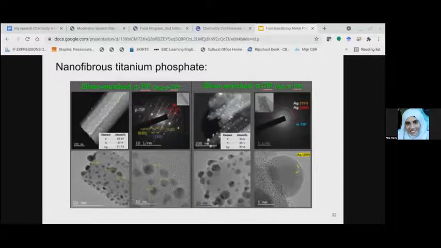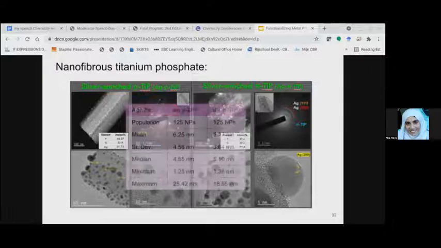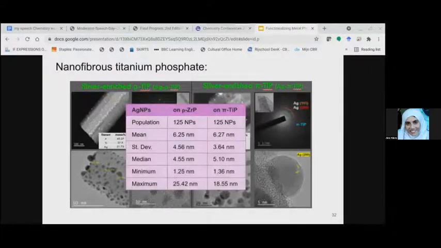And using HRTEM and STEM, scanning transmission electron microscopy, I could confirm their synthesis, and afterwards, using the hydrothermal treatment, their enrichment with the silver nanoparticles. Size distribution analysis showed very similar sizes of the silver nanoparticles on both of the two polymorphs and those on the nanolayered zirconium and titanium phosphates.